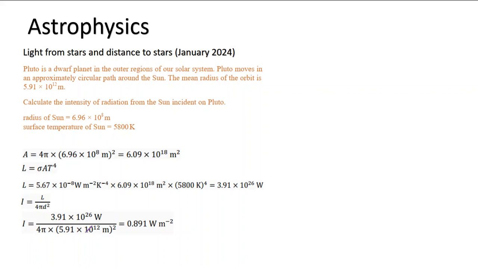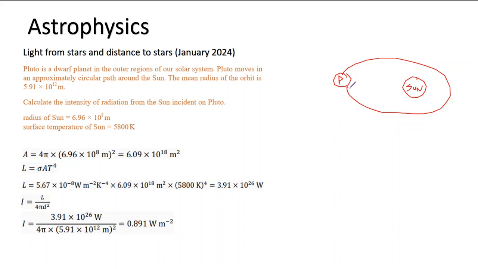So I have to start somewhere, right? So it's better if I just draw the diagram. This is the Sun, and here I have Pluto, which is in orbit around the Sun. Okay.